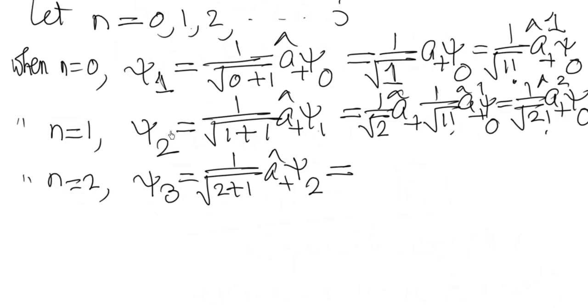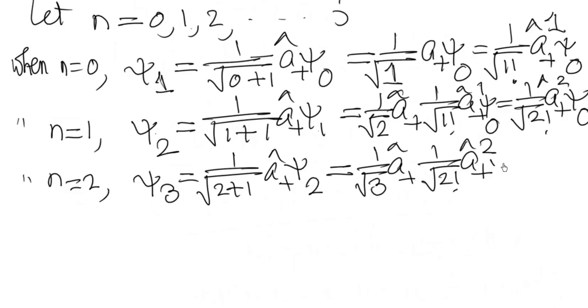Now you put this psi 2 from this, so 1 by square root of 3 a plus, and this one is 1 divided by square root of factorial 2 a plus to the power 2 psi naught, which can be written as 1 divided by square root of factorial 3 a plus to the power 3 psi naught.